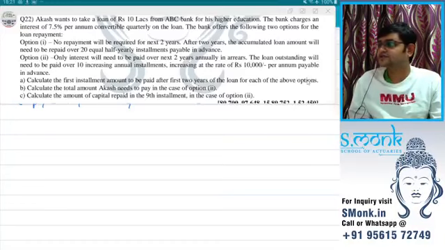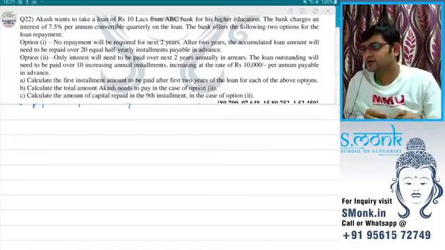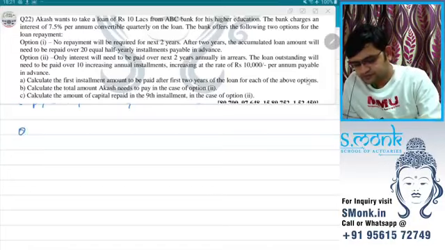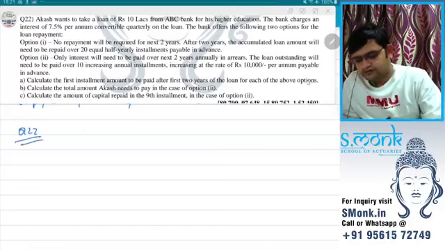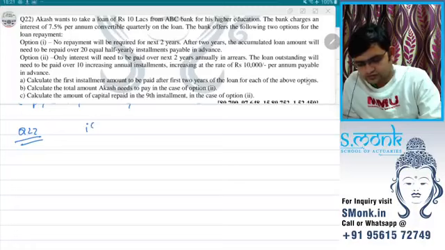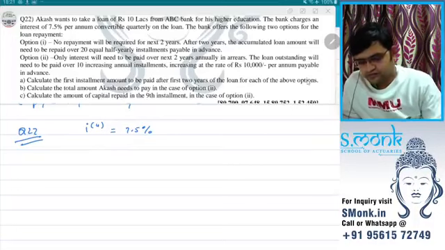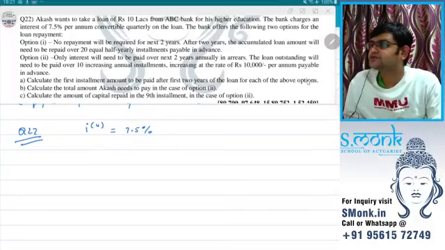The bank charges an interest rate of 7.5% per annum convertible quarterly on this loan. The bank offers the following two options for loan repayment.